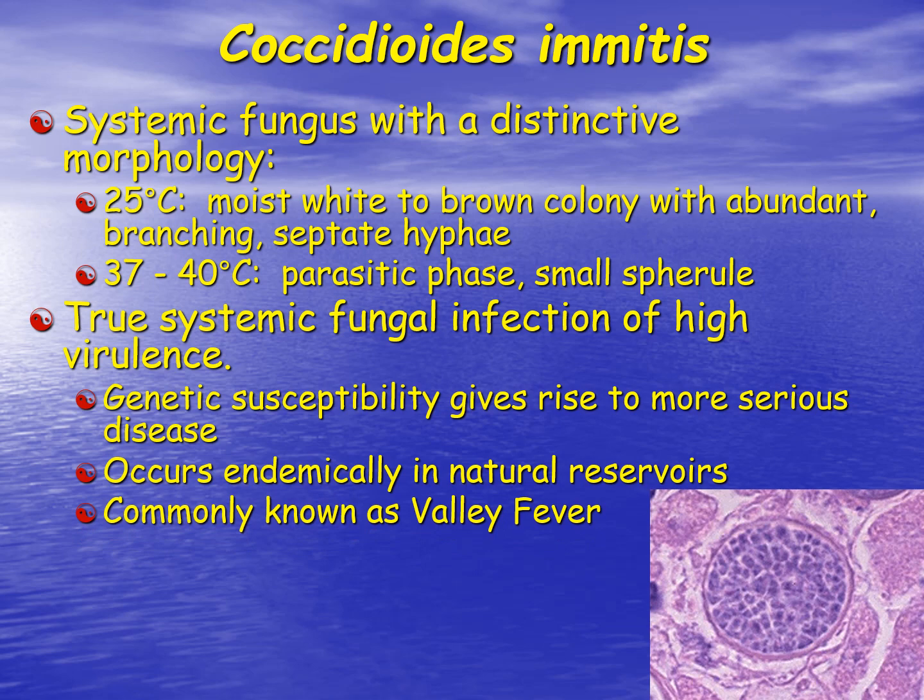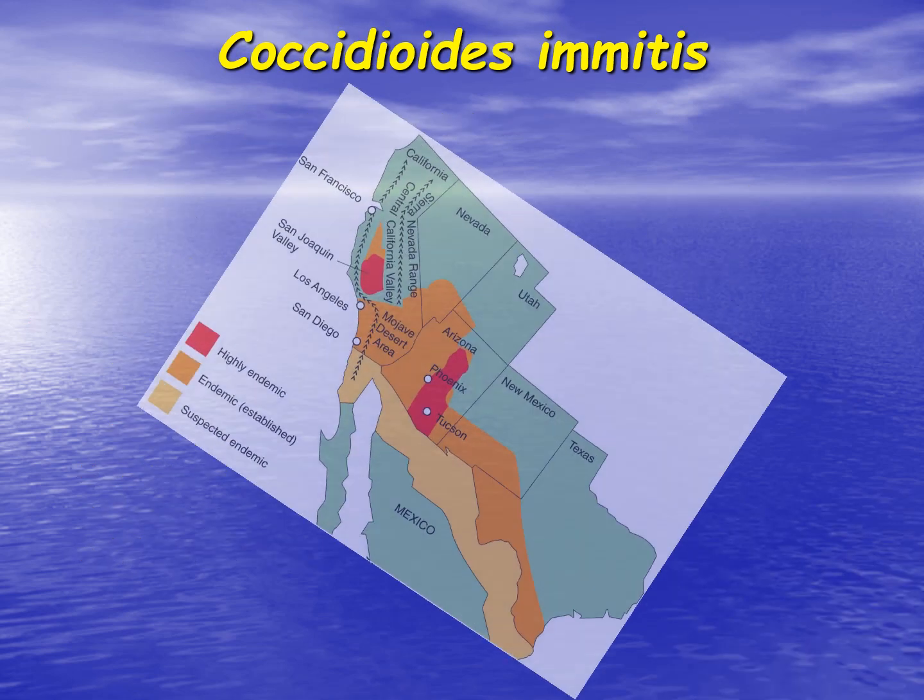But we do know that Coccidioides likes to be found in dry, arid soil. This is also sometimes known as valley fever, Rift Valley fever, or even San Joaquin Valley fever. And it's primarily seen in the southwestern United States. Again, Coccidioides typically tends to start out as a respiratory disease.